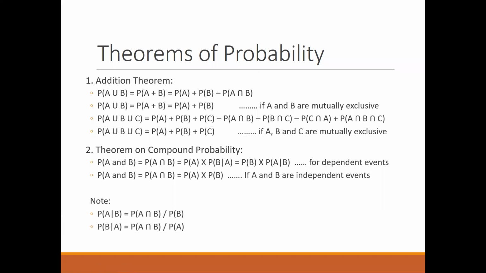Some notes you need to know, please note down the formulas. To find the probability that A is going to occur, provided B has already occurred, the formula is given as P of A intersection B, divided by P of B. So we saw some examples based on this as well.